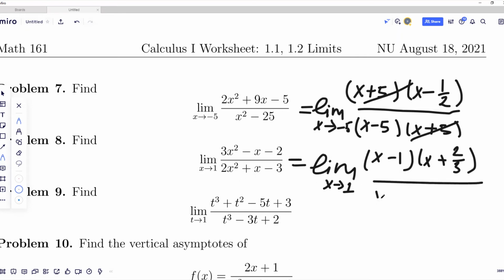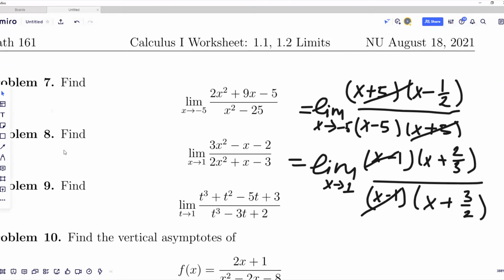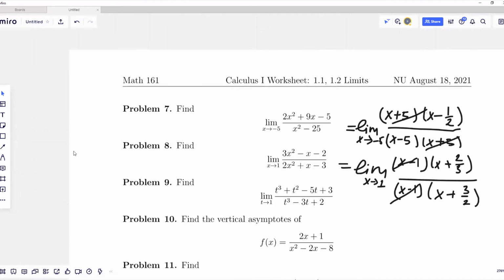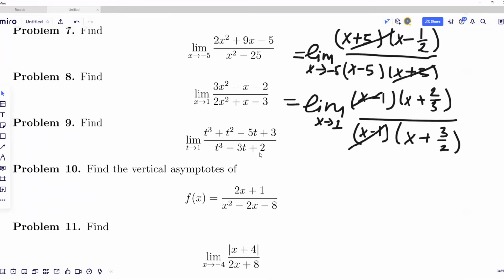Again, one of the roots is 1, and the other root is minus 3 over 2. So x plus 3 over 2. So cancel this through, and then we can substitute 1 to find the limit. All right. Next problem.